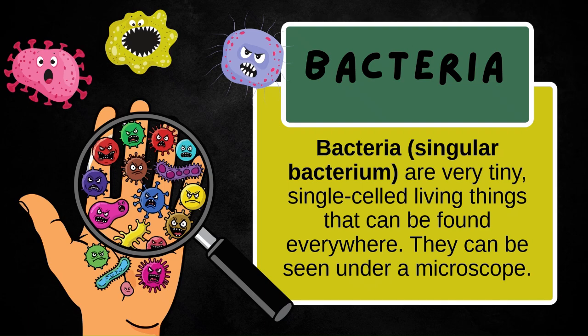Bacteria are very tiny single-celled living things that can be found everywhere. Of course, we need a microscope to see the bacteria. Bacterial infections can often be treated with antibiotics. For example, tuberculosis or TB, pneumonia, typhoid fever, and cholera.